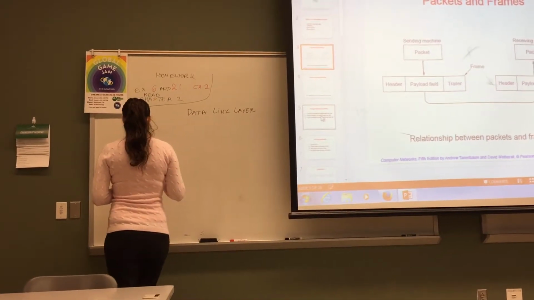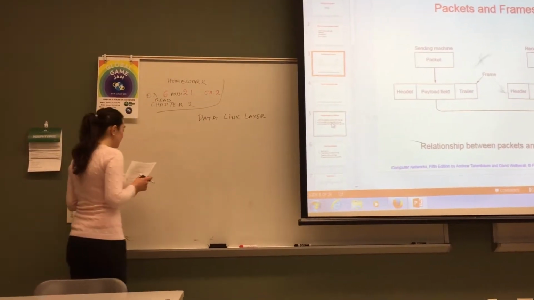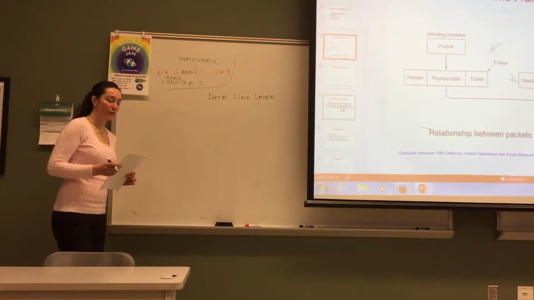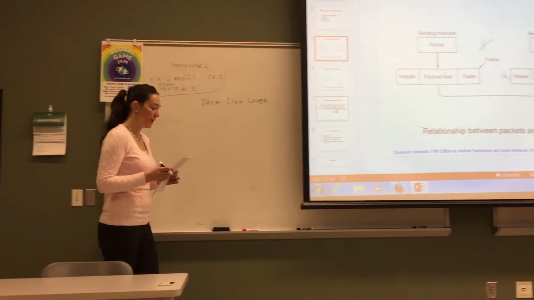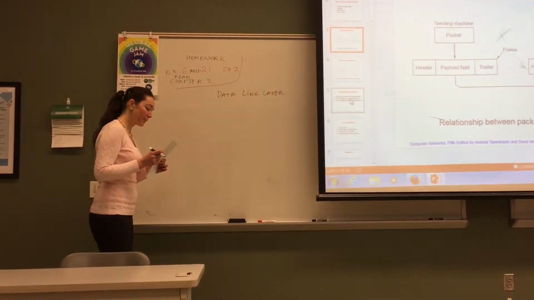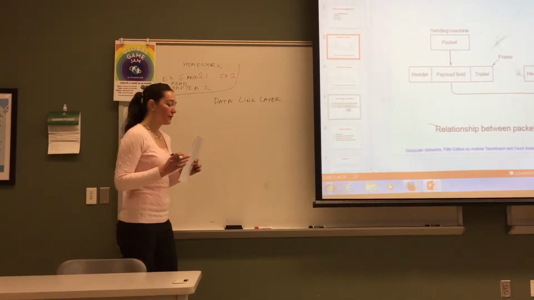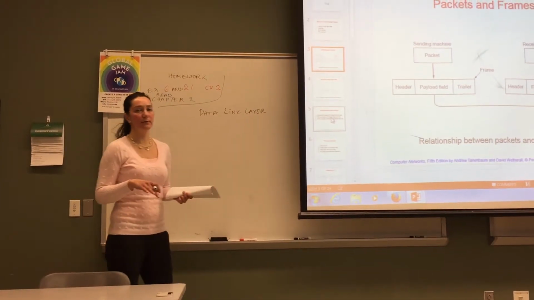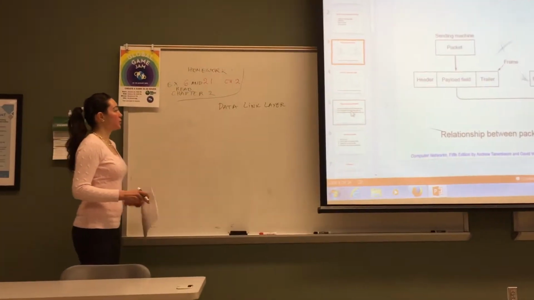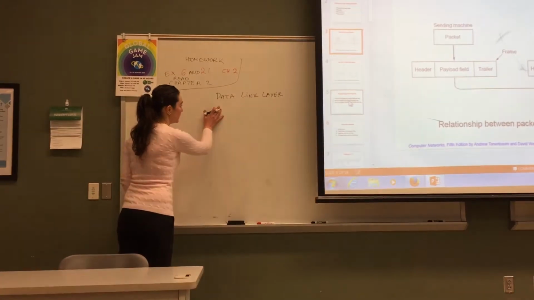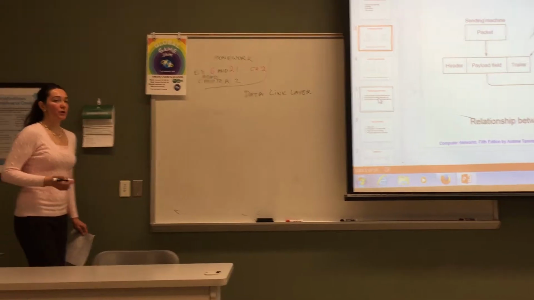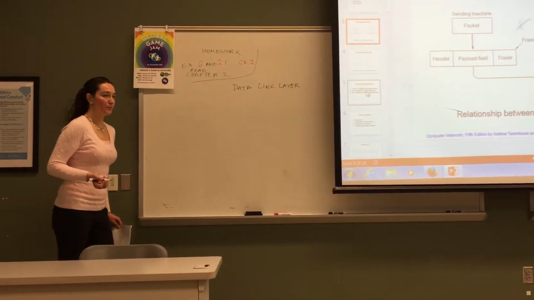So in this layer, we want to achieve reliable and efficient communication with whole units of information, which we're calling frames. This is different versus the individual bits that we have in the physical layer. And the goal of this layer is to achieve this efficient, reliable communication with frames between two machines which are adjacent to each other.